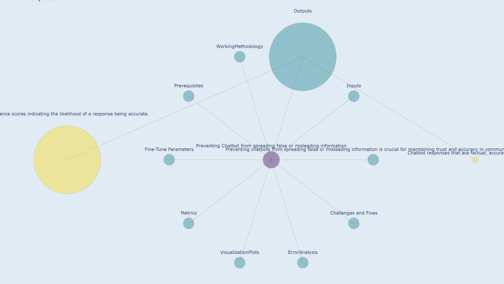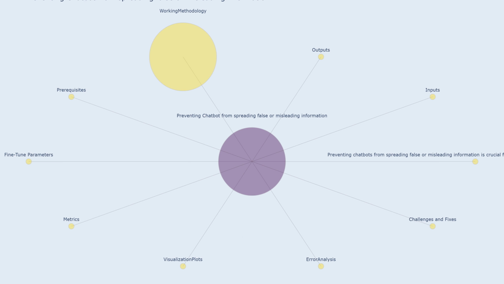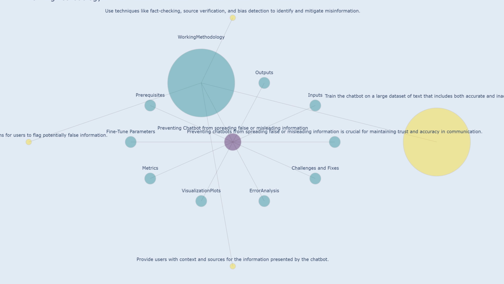These scores can help users gauge the reliability of the information provided, encouraging critical thinking and reducing the risk of spreading falsehoods.